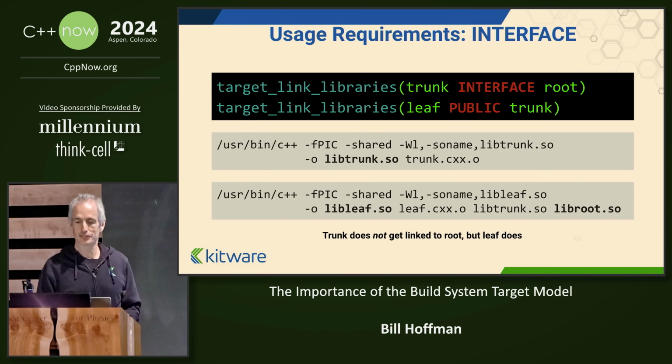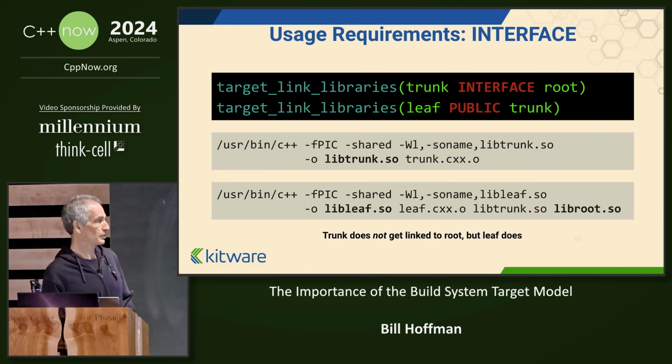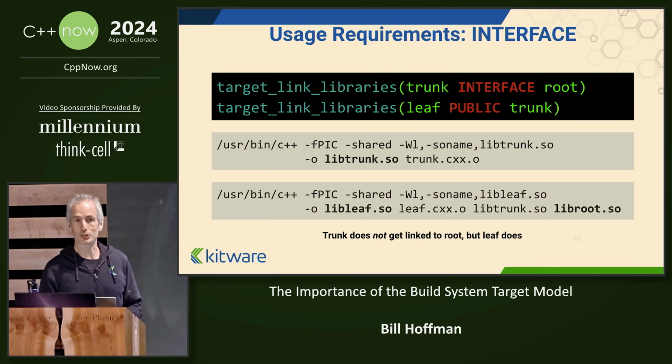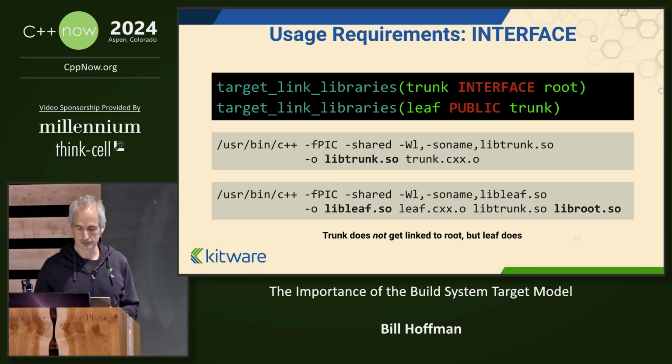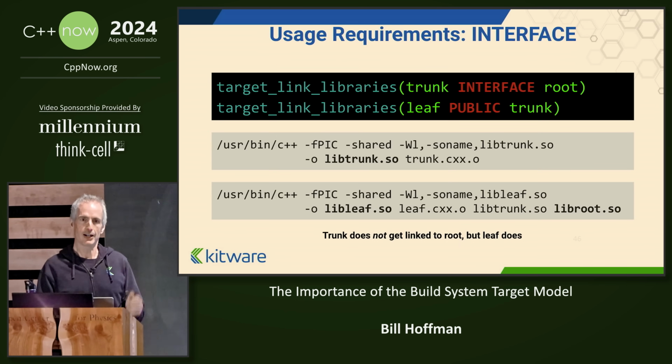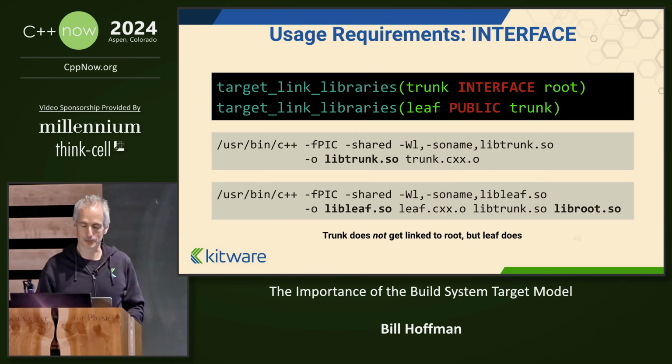But Leaf publicly links trunk, so then you can see that libroot shows up as well as libtrunk because it's set up as an interface library. So I'm communicating even more information when I set up my tool. It's not just how do you link to me, it's, hey, when you link to me, you're going to need to link to me plus this other thing, but I don't need to link to that because I'm handling it some other way.